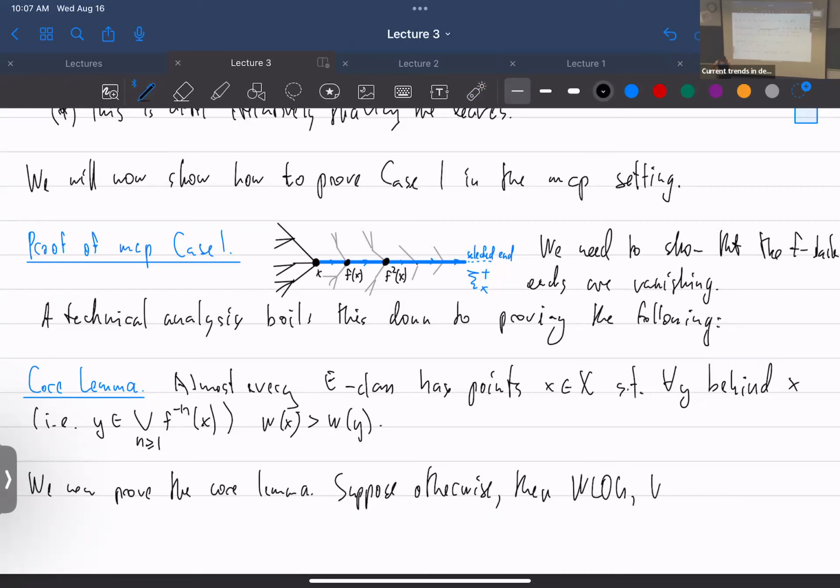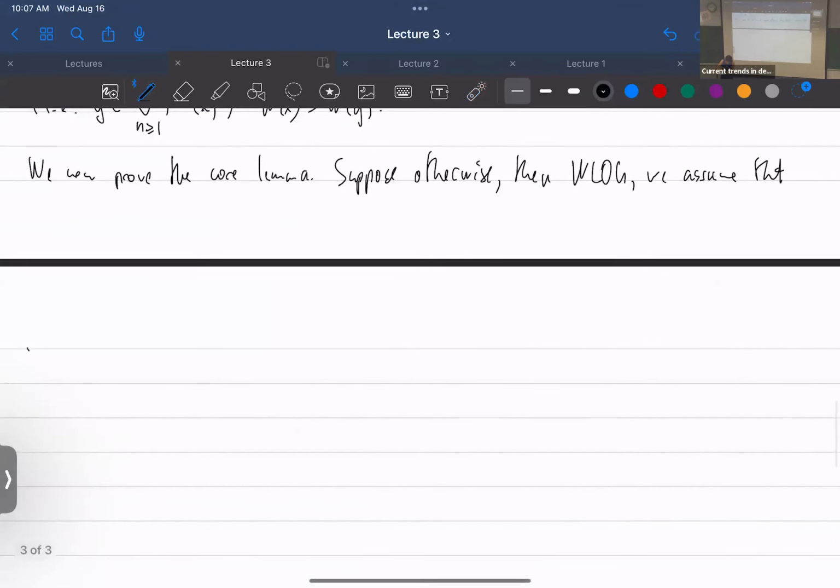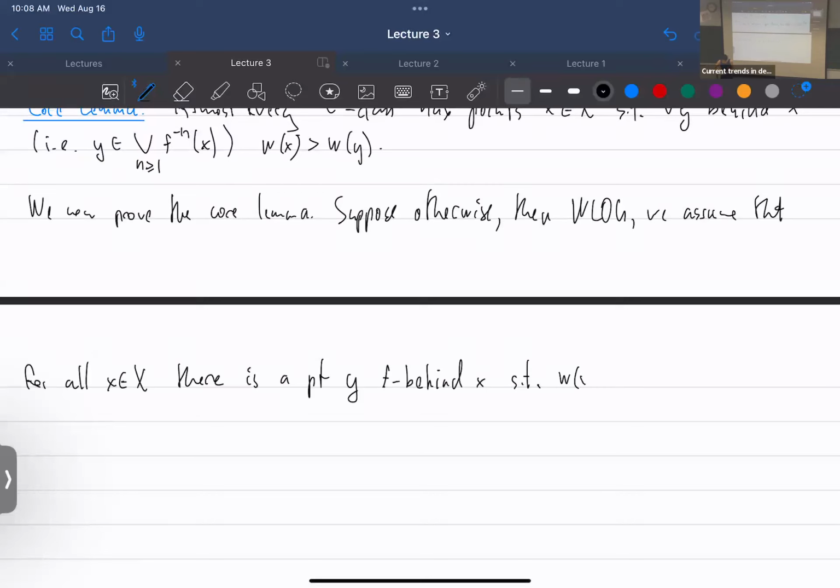So we assume that for all x, there is a y behind x, f behind x, such that the opposite inequality holds: wx is less than or equal to wy.